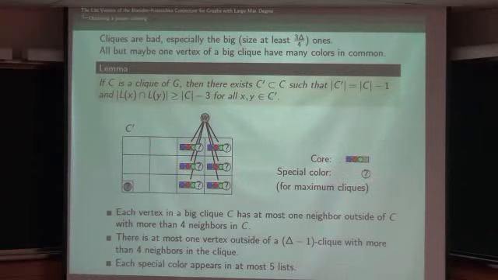And this color only appears among the vertices in here. So we prove these lemmas, which say each special color only appears in 5 lists, which means each part has size at most 5. And we also prove that this vertex doesn't appear all that often. So this is just some lemma, which is not really part of the probabilistic method.